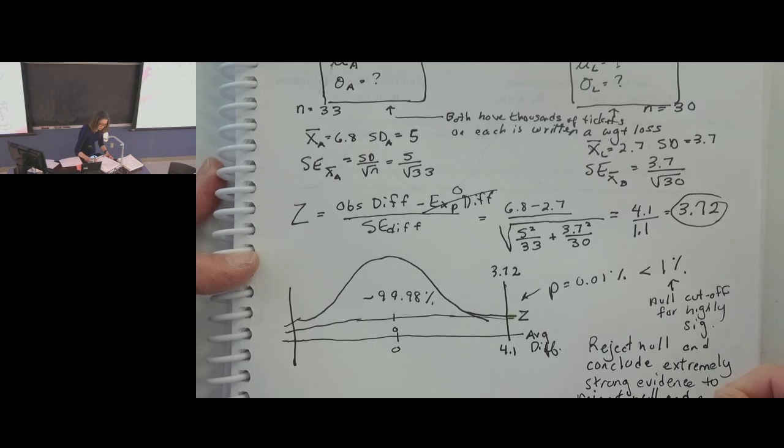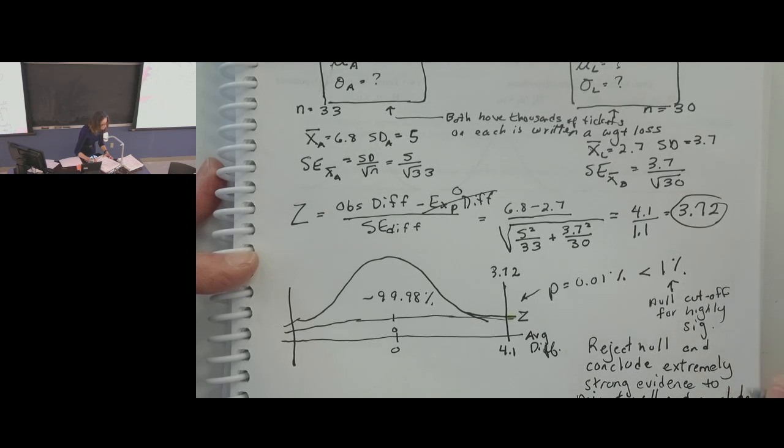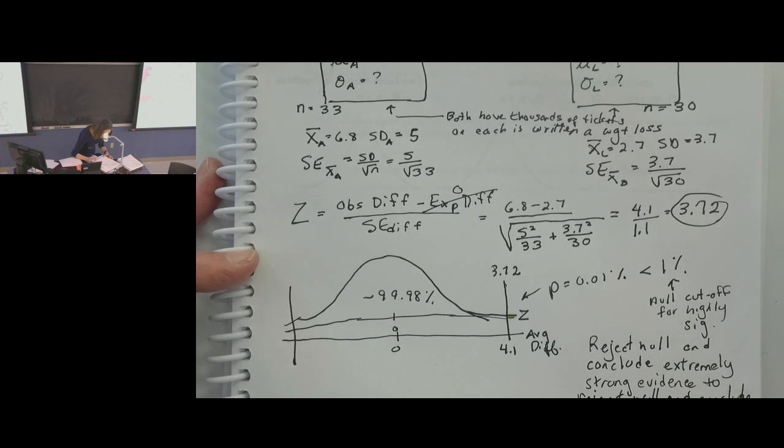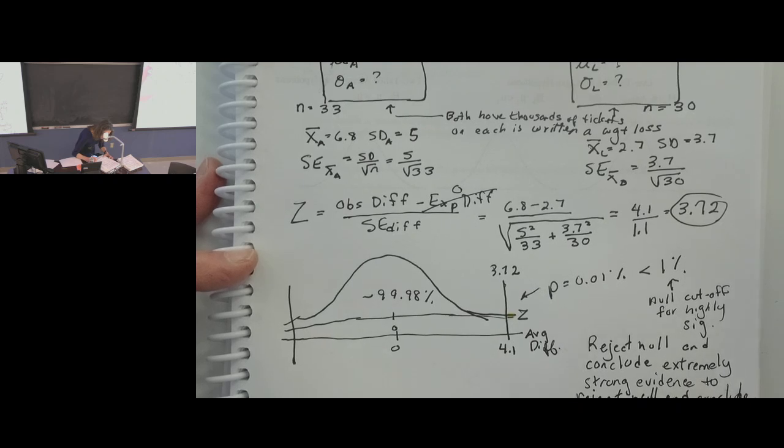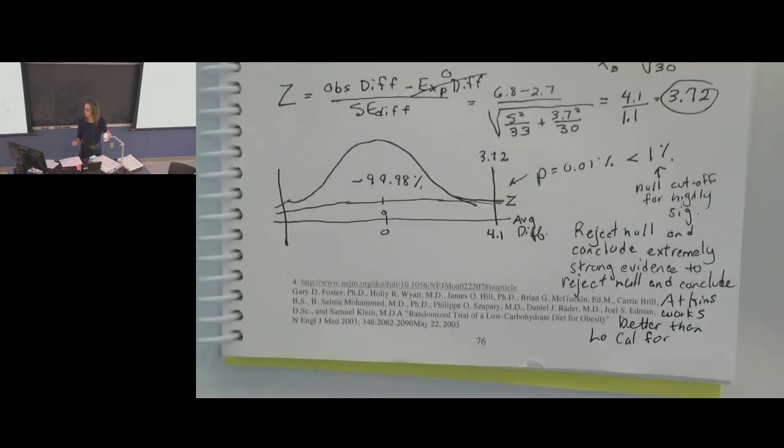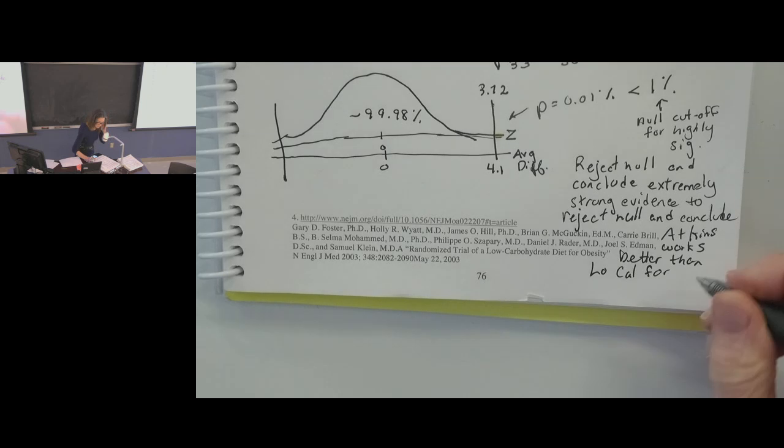And conclude that the Atkins diet, in terms of losing weight, works better. Atkins works better than low-cal for losing weight.